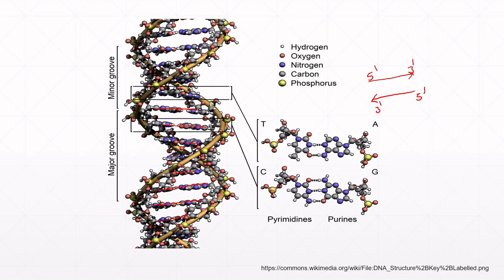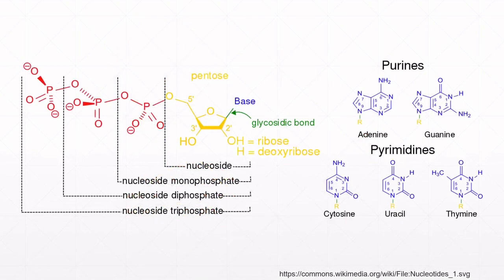The components of the DNA are nitrogenous bases, deoxyribose sugar, and phosphate groups. The DNA is a polymer of nucleotides. A nucleotide is a complex of phosphate, sugar, and nitrogenous base.